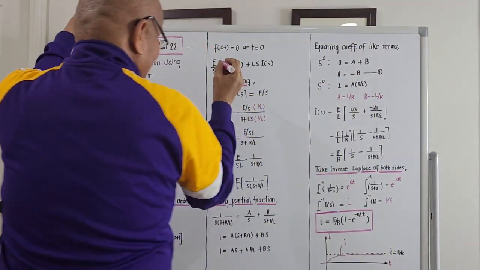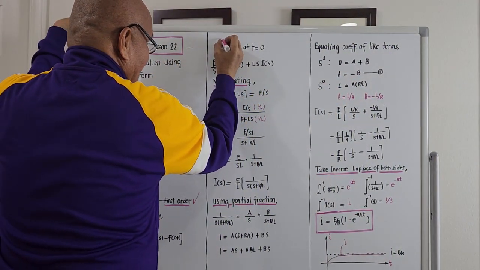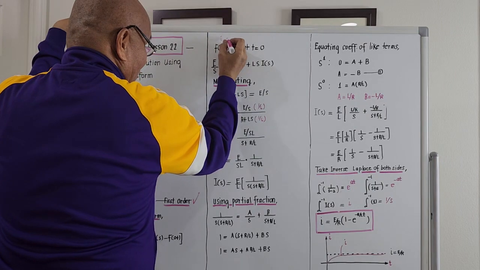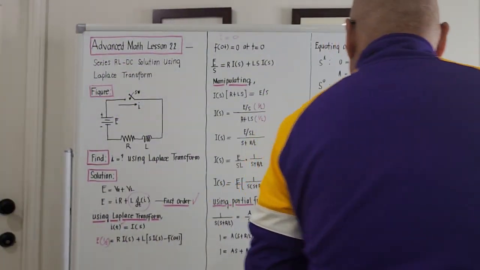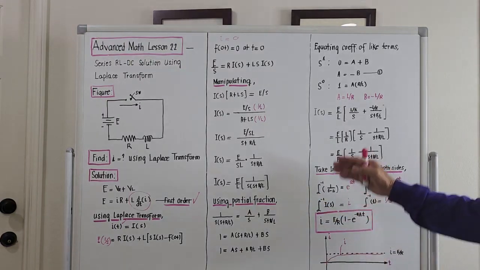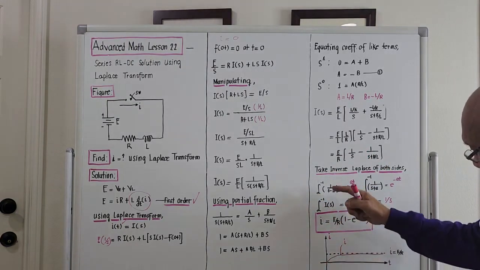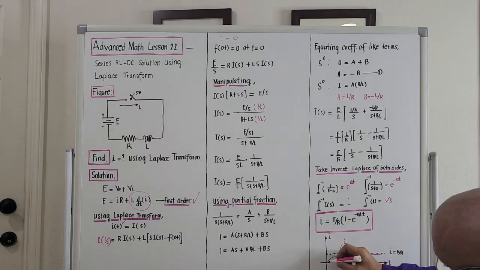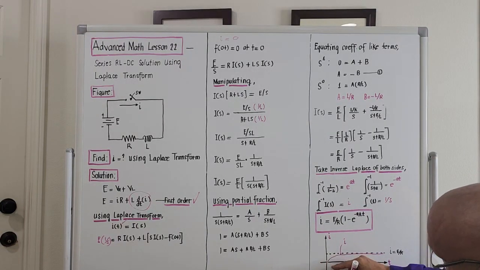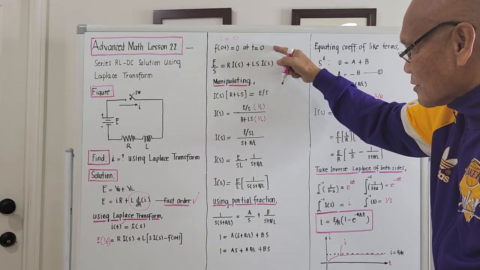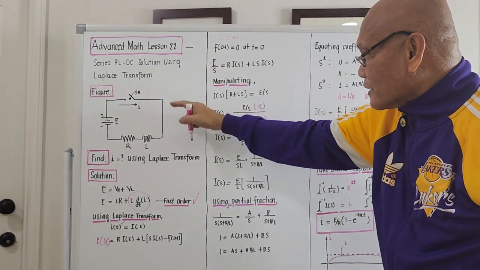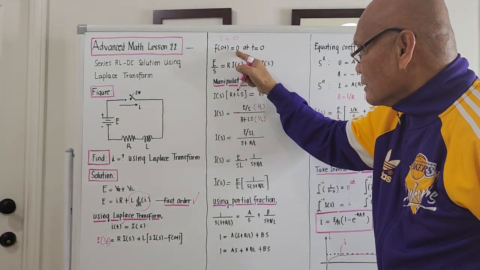F sub 0 plus is actually the current at time t equal to 0, and that current is actually 0. If you try to see it from the graph, at time t equal to 0, the current is at the origin, it is 0. So f sub 0 plus at time t equals to 0 for an RL circuit should be 0.